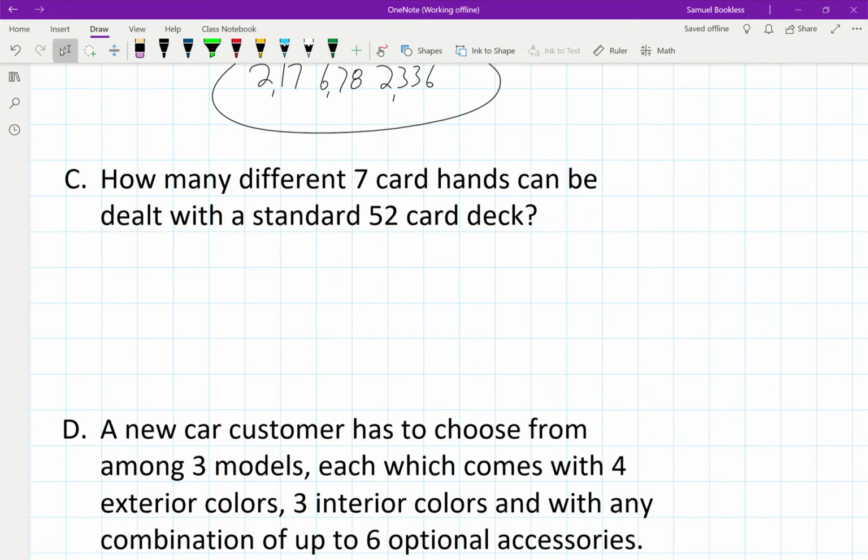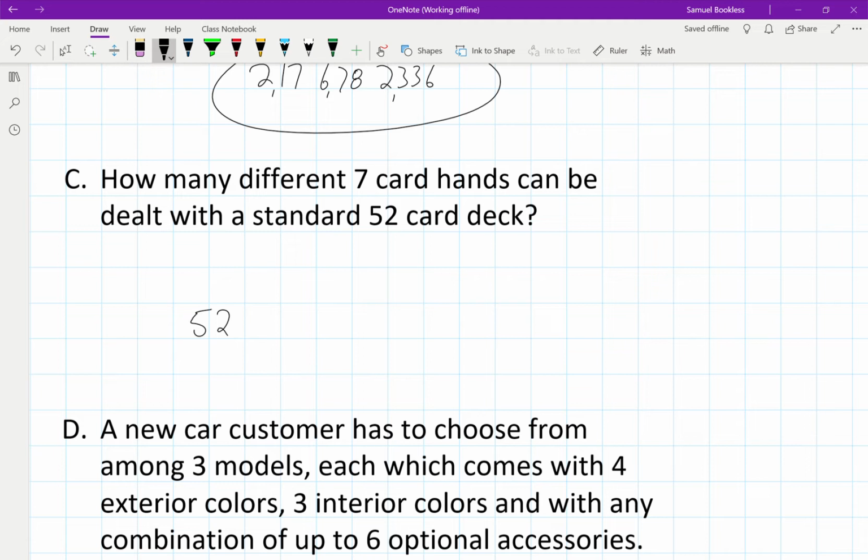C, how many different 7-card hands can be dealt with a standard 52-card deck? Okay, so now we're still using combinations. We have how many cards to choose from? 52. And is this going to be a permutation or a combination? The difference again: I said that backwards.